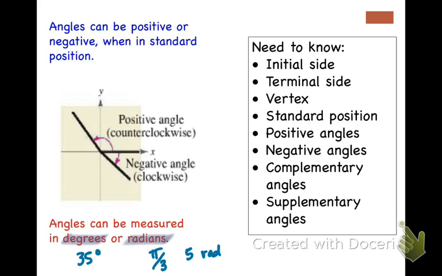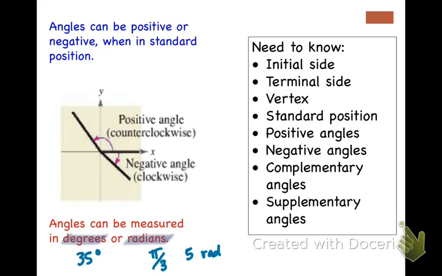Okay? So when we're talking about our angles, key things we need to know, and you've got this on your note sheet: the initial side, the terminal side, and the vertex. Those are the parts of my angle. We're going to need to know how to draw them in standard position. When do we have a positive angle?